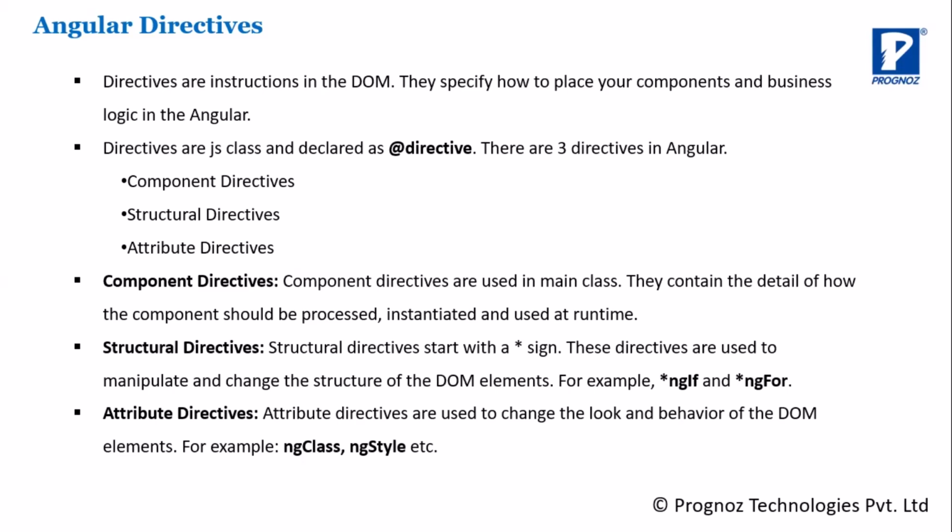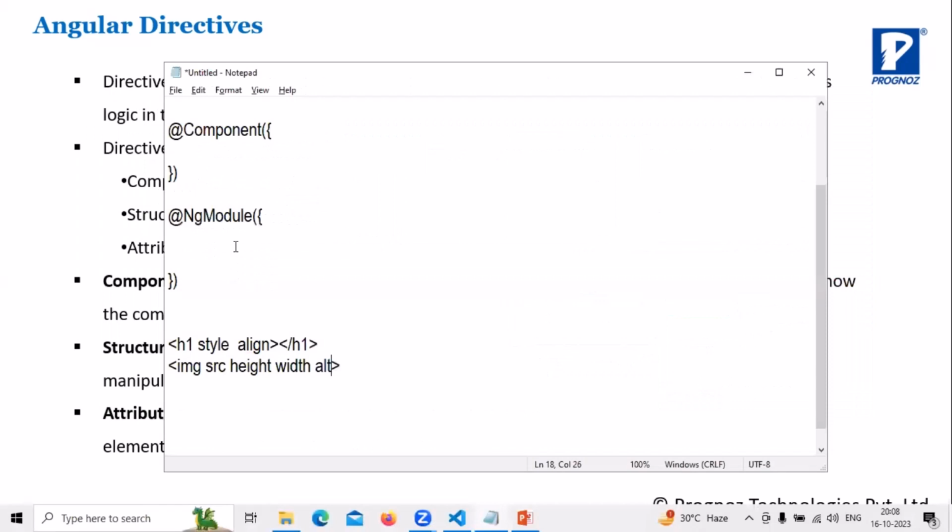Structural directive always represent with asterisk symbol, star symbol से हम लोग represent करते हैं structural directive को. How to represent the structural directive? By using the asterisk symbol we can represent the structural directive.